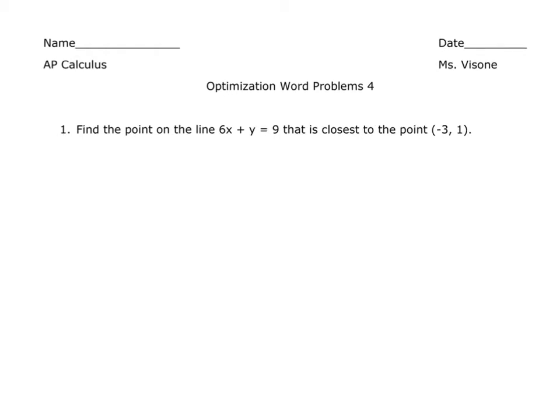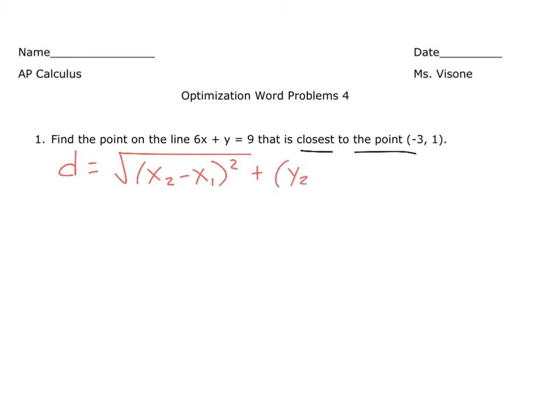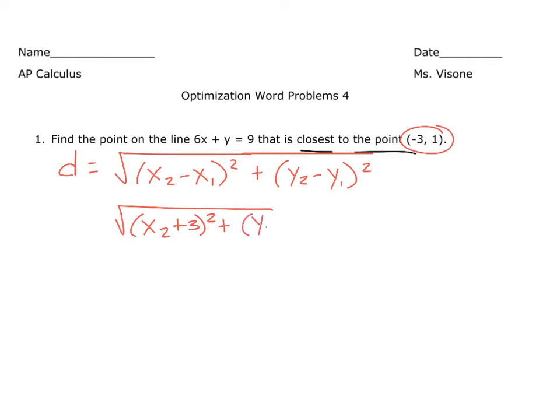So closest to the point, that tells me I'm using the distance formula. So the distance is the square root of x2 minus x1 squared plus y2 minus y1 squared. So I'm going to plug in, x plus 3 squared plus y minus 1 squared.